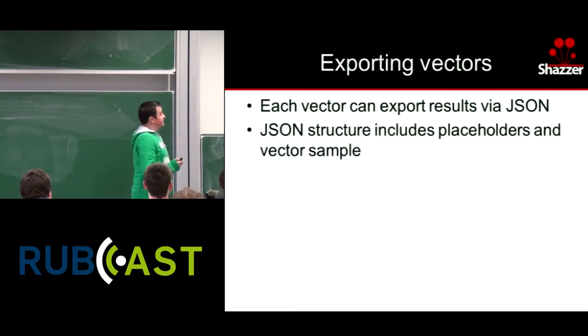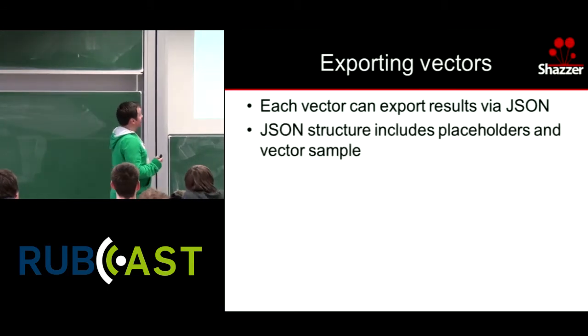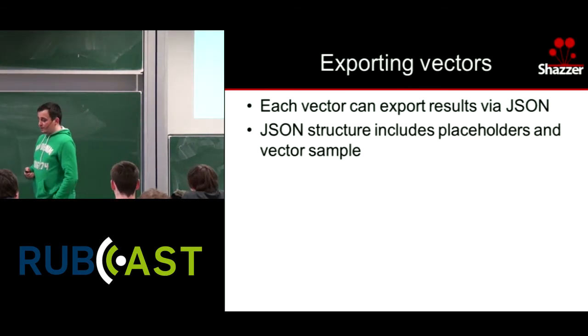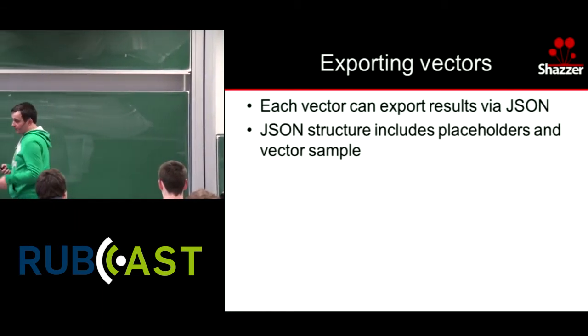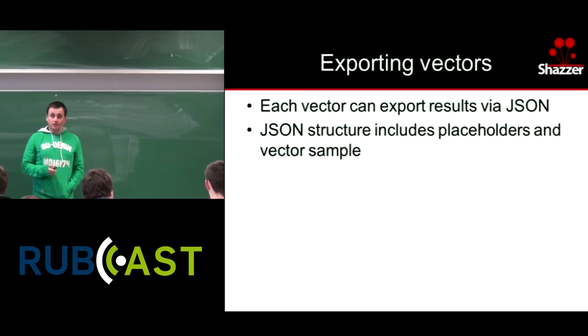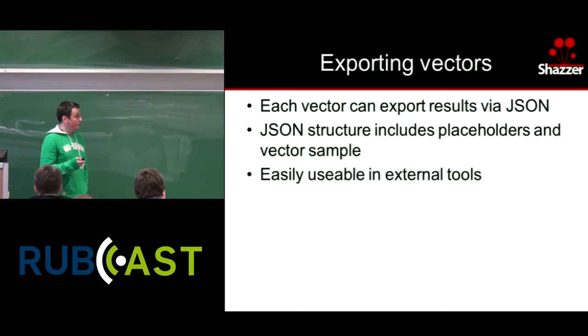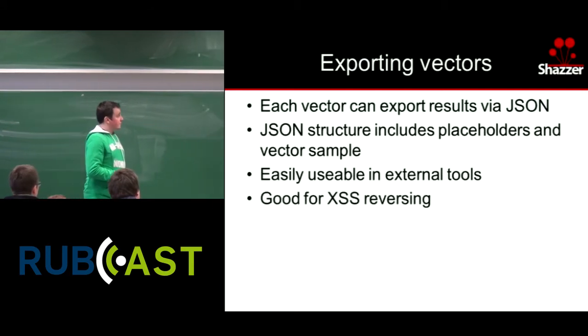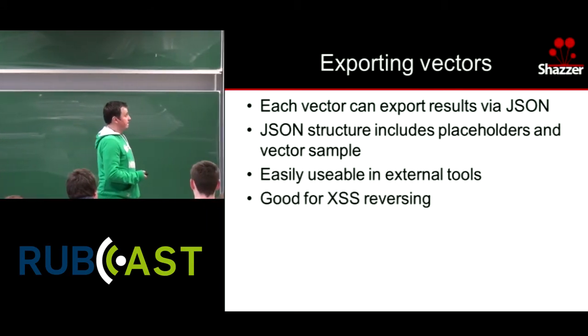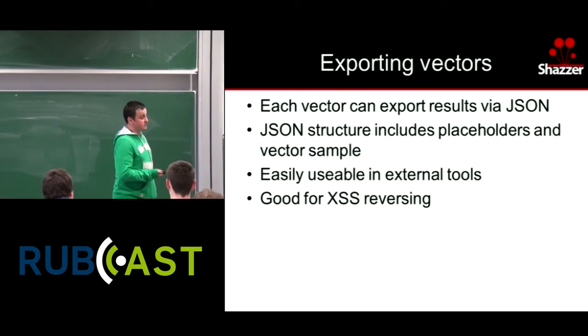So we can export the data via JSON. The JSON structure itself will include the vectors and the actual placeholders to allow you to reuse this data. So you can easily reuse it with external tools. So it's good for creating an XSS reverser, for instance.